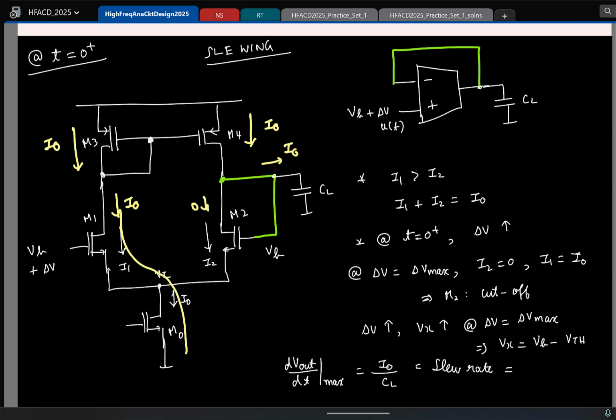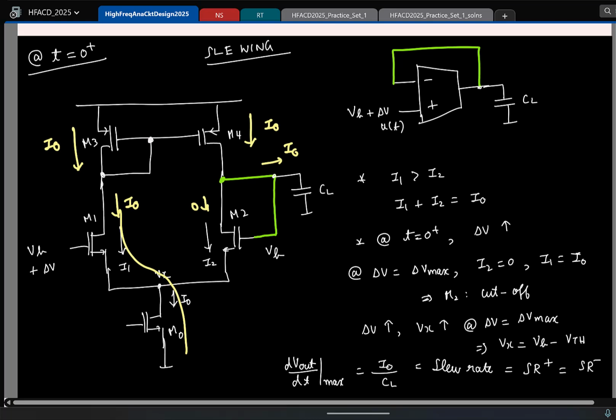In particular, we'll call it slew rate positive because I have taken a positive delta V. Similarly, you can find the slew rate if the step was negative, and the negative slew rate will be the same, I0 by Cm.